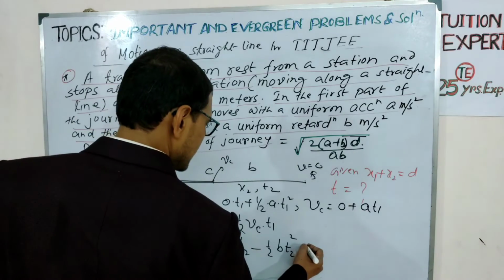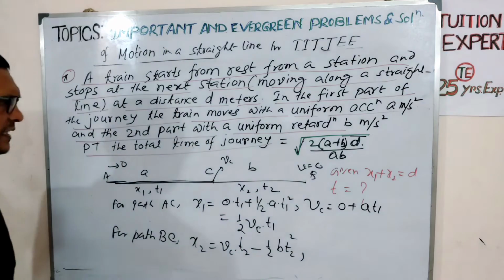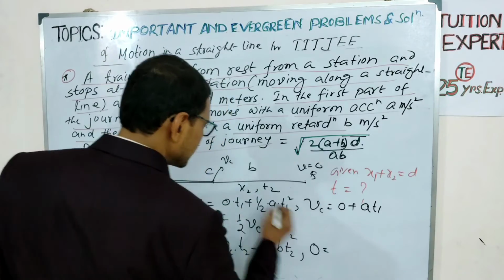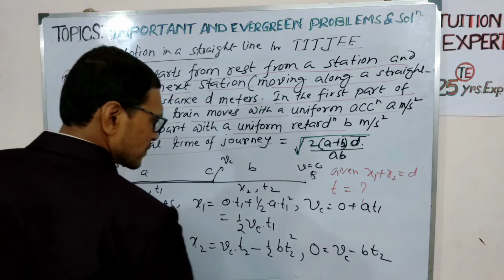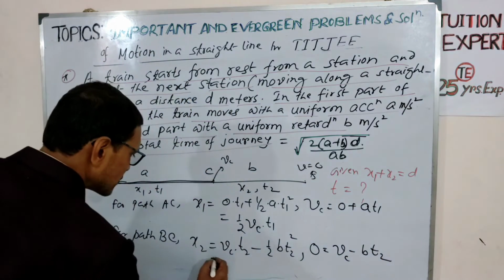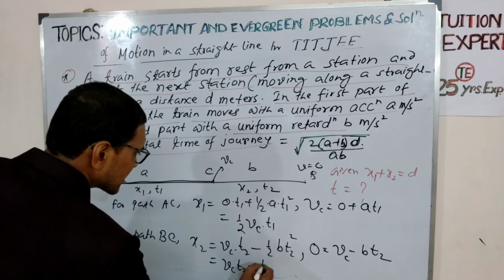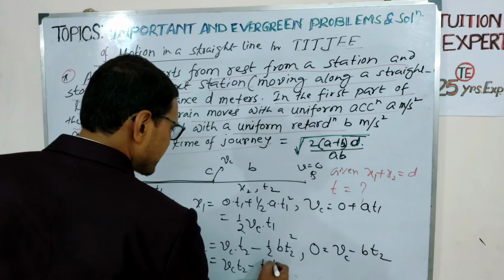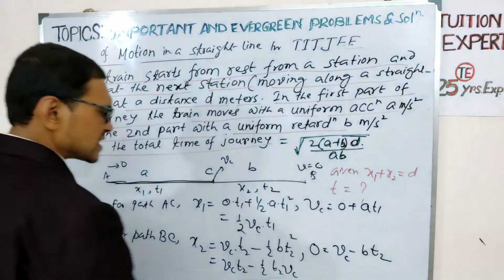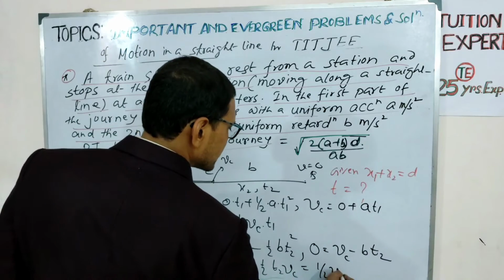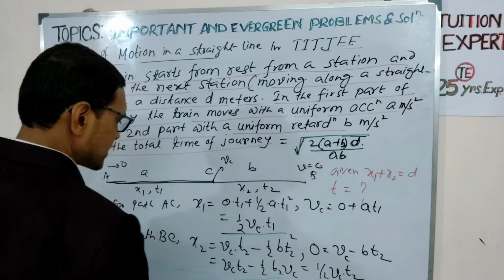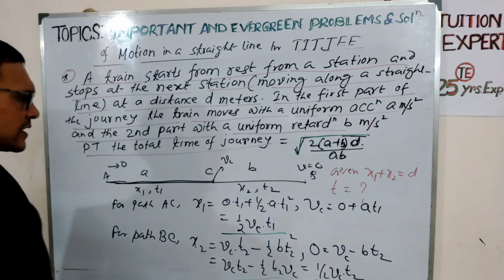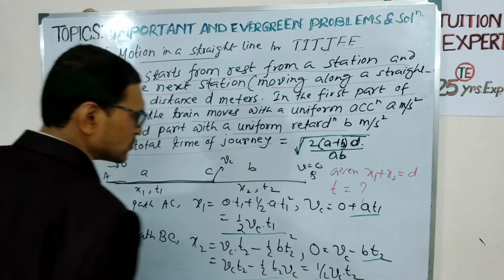Another equation is v equals vc minus b t2, so vc equals b t2. Half b t2 into t2 gives half vc into t2. So x1 equals this, x2 equals this, and vc equals a t1 and vc equals b t2.